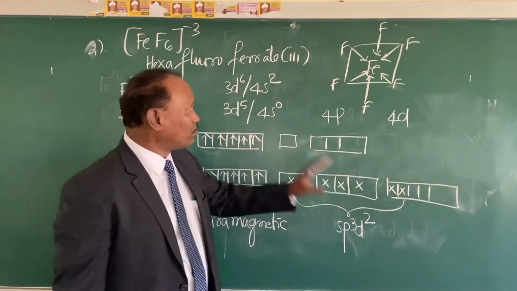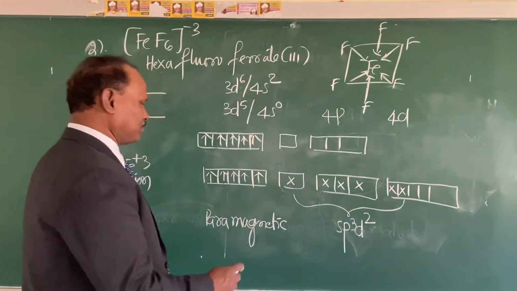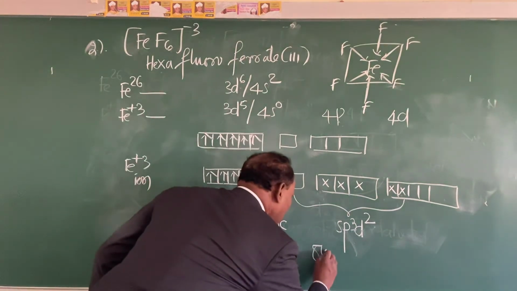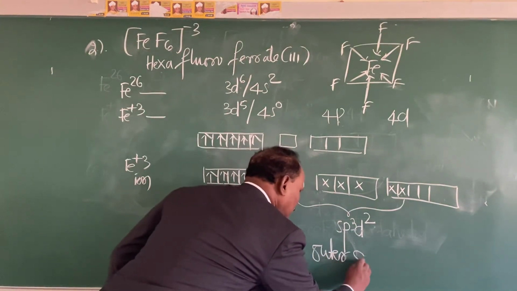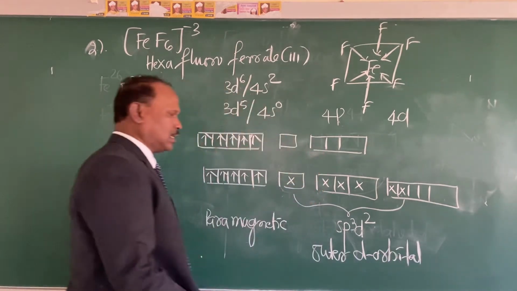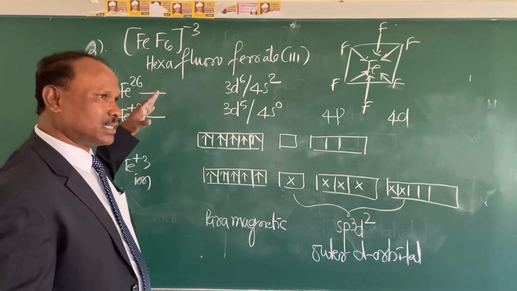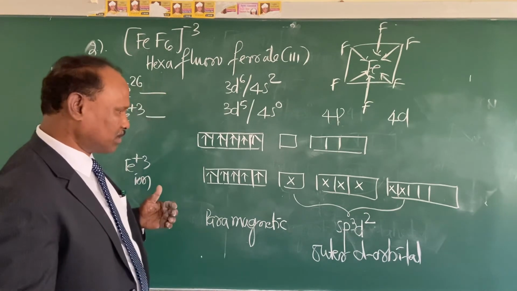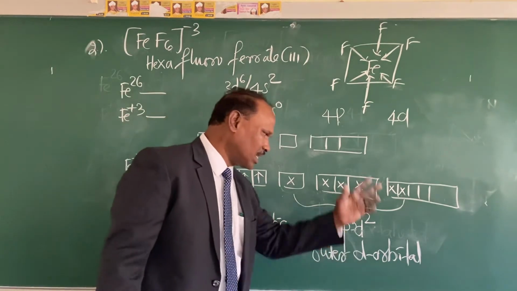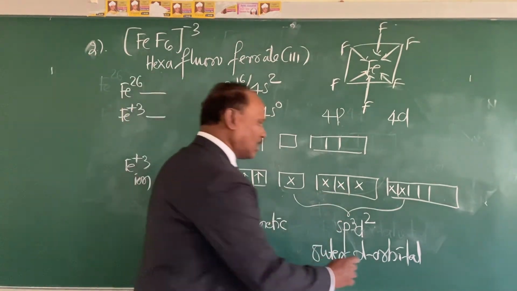Now such complexes or complex ions are called outer d orbital complexes. So the first two complexes I said are inner orbital complexes or inner d orbital complexes. Now here these are called outer orbital complexes or outer d orbital complexes.